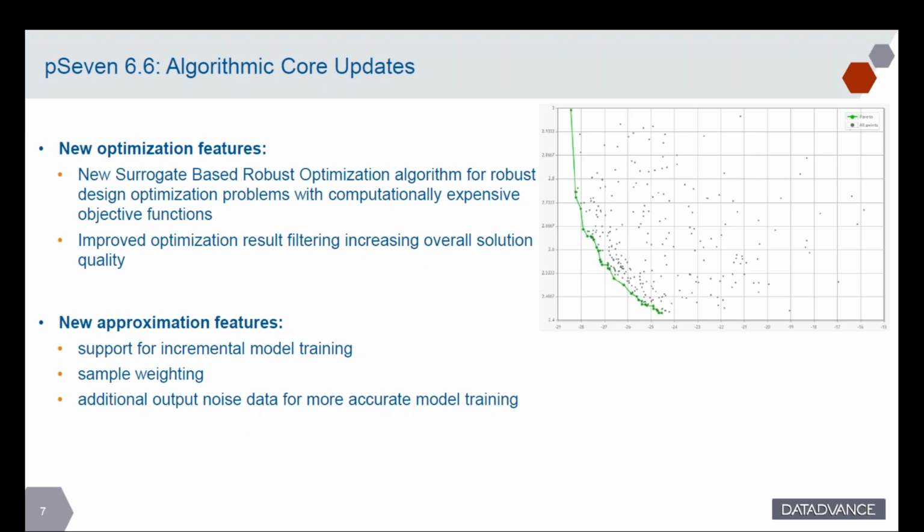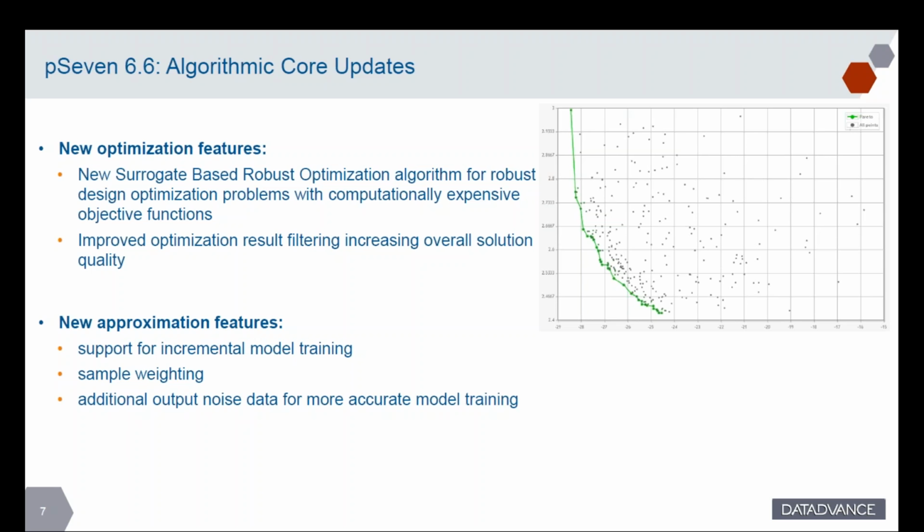Well, applying this new surrogate-based robust optimization method allows you to solve expensive robust design optimization problems in a reasonably small number of iterations. Another new feature in the optimizer is improved filtering.